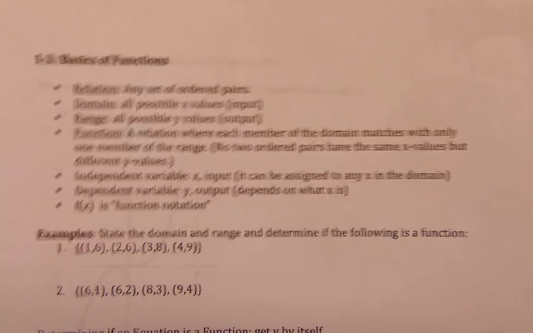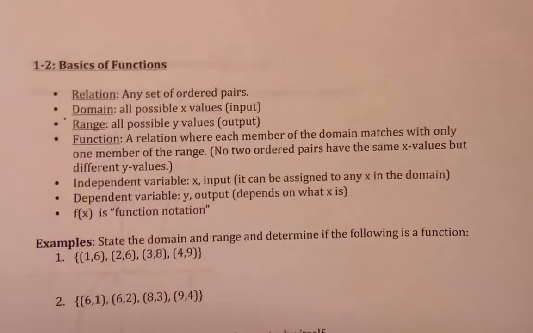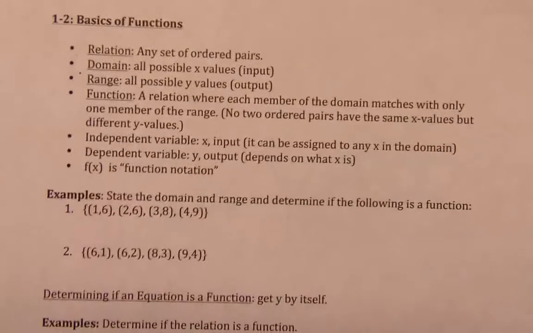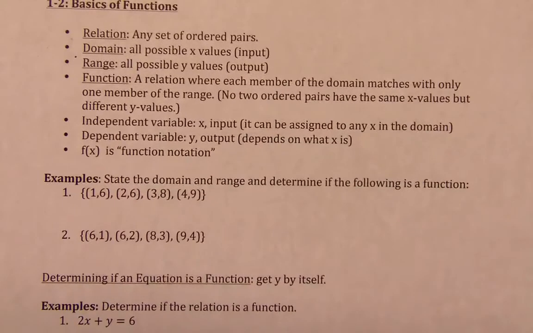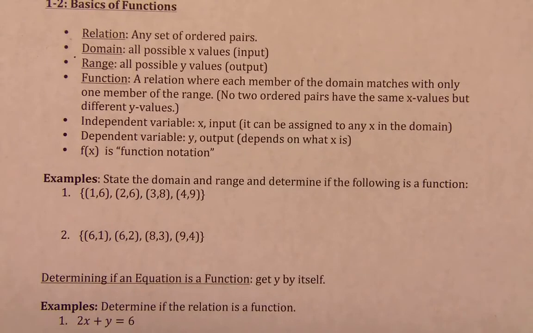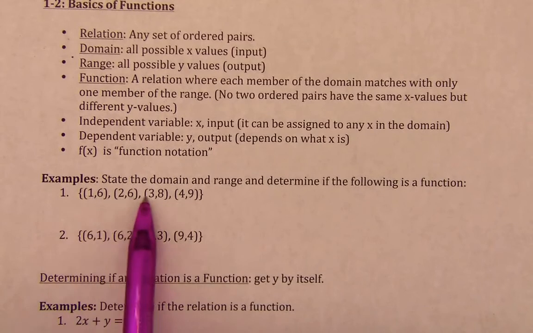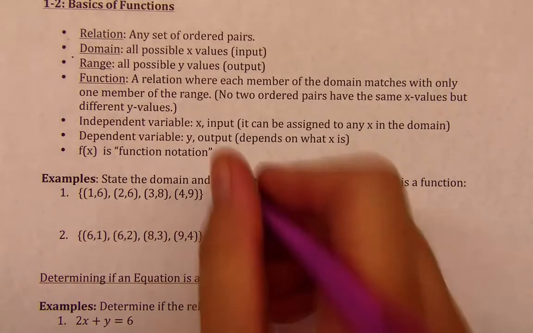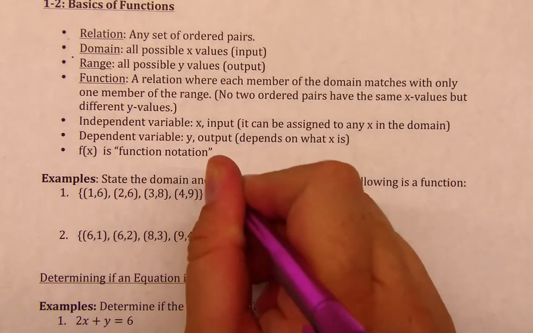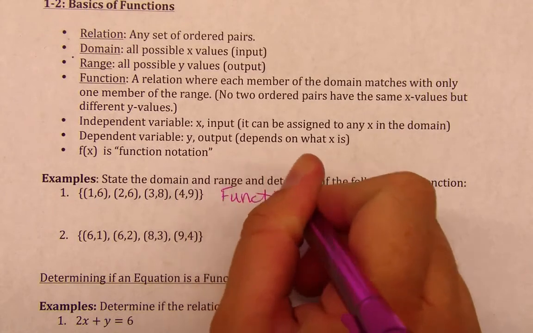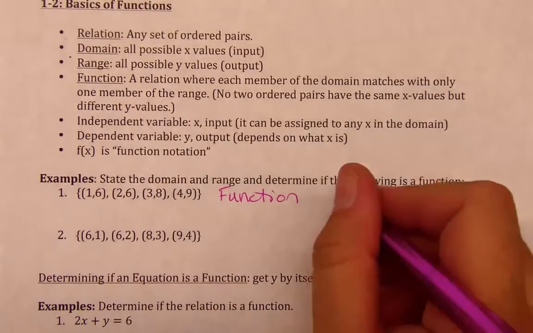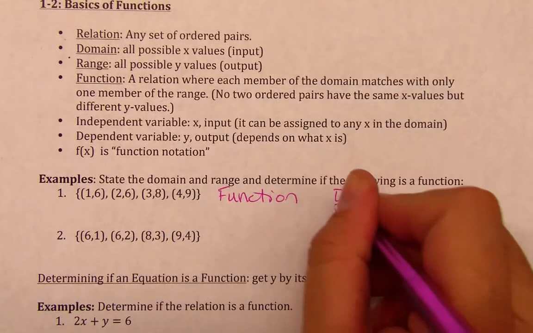And let's look at some examples here. So our first example says, state the domain and range of the following and determine if it's a function or not. So first off, looking at our x values, we see no repeats in the x values, so we know that it's a function. And then we need to state what our domain and our range is.